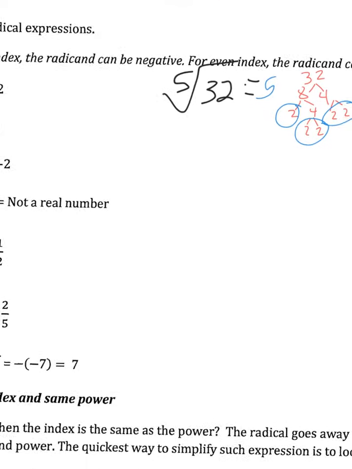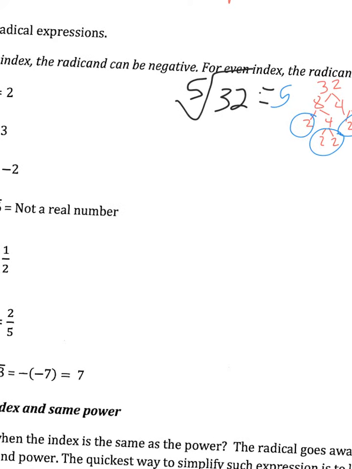Next example is the fourth root of 81. What this means is, what number, when I use 4 identical numbers to multiply together, will give me 81.